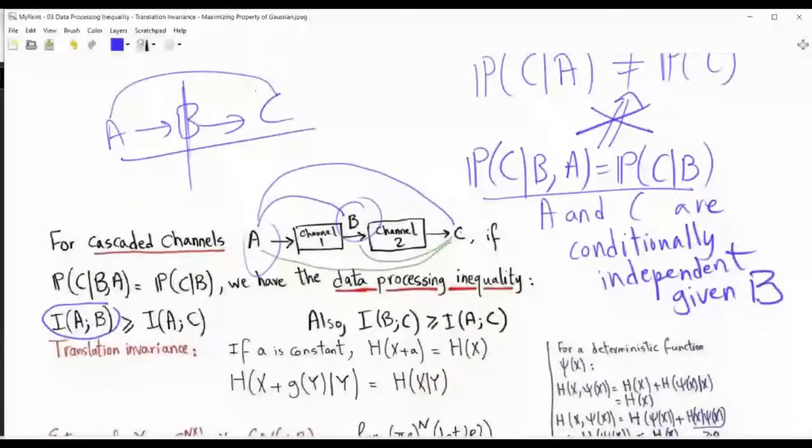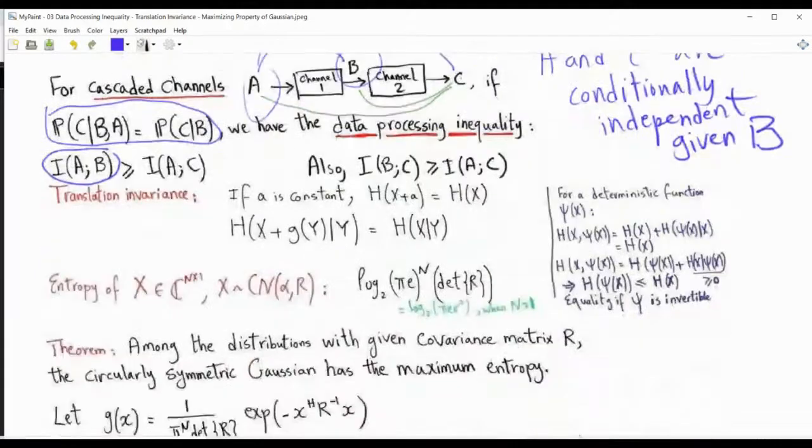Anyways, keep this in mind. You will need this condition here. And how do you remember it? You remember that the mutual information between two random variables separated by one channel is greater than or equal to the mutual information between two random variables separated by two channels or more. So that's the data processing inequality.